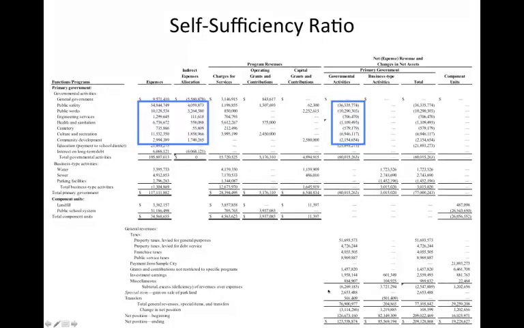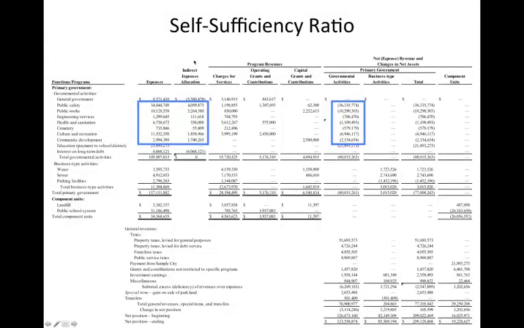It's not always true, as we just saw with those parking facilities, but generally it's expected to be. So if we want to make a ratio out of self-sufficiency, rather than just looking at the aggregate net expense or aggregate net revenue, let's get a sense of the degree of self-sufficiency or the degree of dependence on general revenues. So you're going to need the net expense or net revenue amount, and you're going to need the expenses.